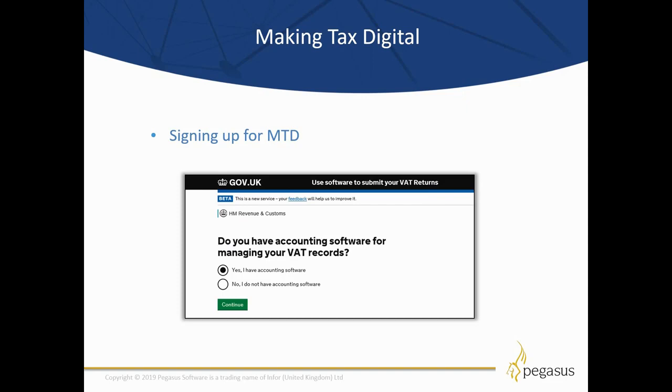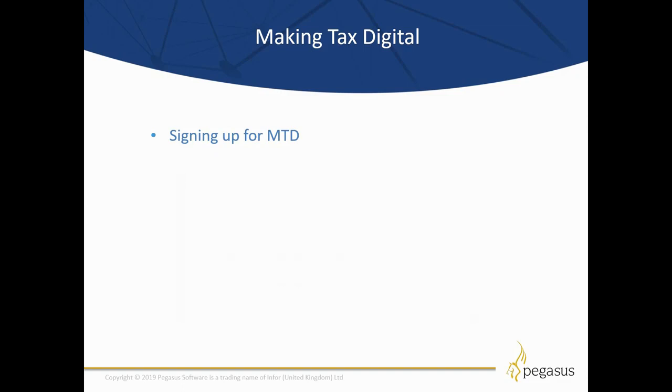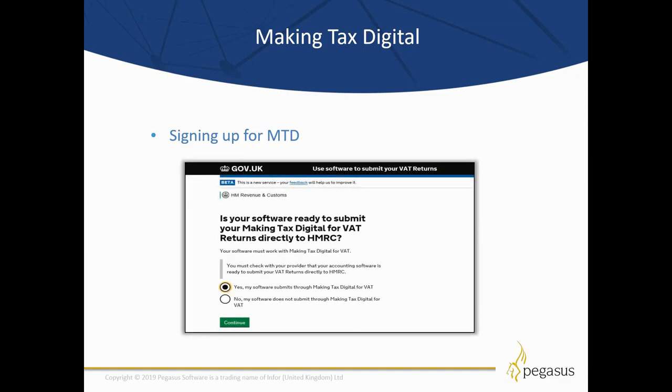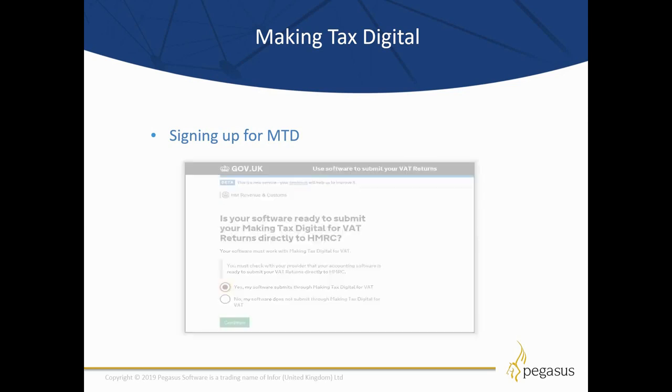The answer is, yes, I have accounting software because you're using Opera 3. The next question you'll be asked is, is your software ready to submit your Making Tax Digital for VAT returns directly to HMRC? Again, the answer is yes, my software submits through Making Tax Digital for VAT because you are using Opera 3. And then press continue.